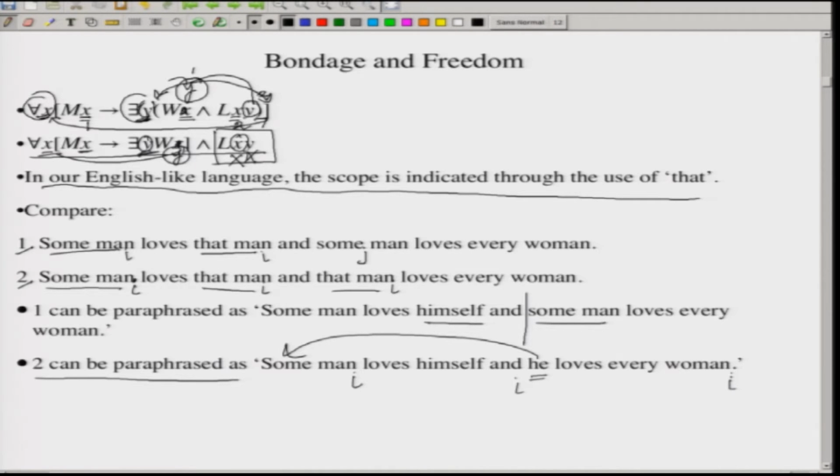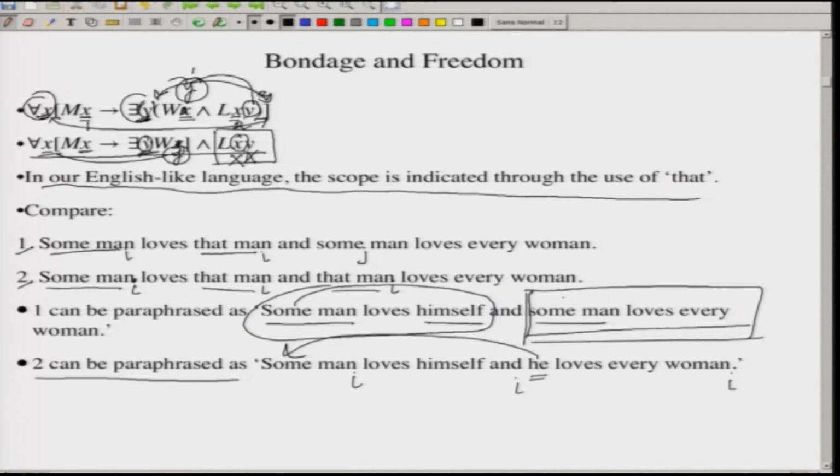Now because of binding, as we can see, here in a sense some man is the binder, and till here the scope of the binding is there, and this is a completely different scope. That is the reason the binding cannot cross, and it stops here.